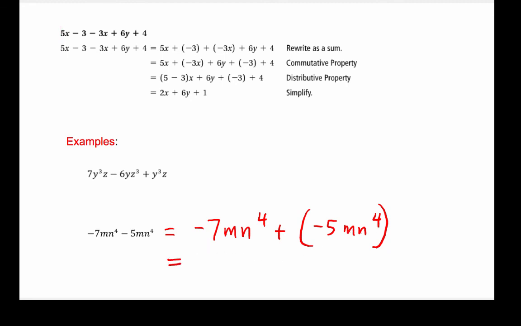So we use our distributive property to take our coefficients. Negative 7 minus 5, that quantity, times mn to the 4th. Negative 7 minus 5 is negative 12. So we wind up with negative 12 mn to the 4th. That's simplified. Combine 2 terms into 1.